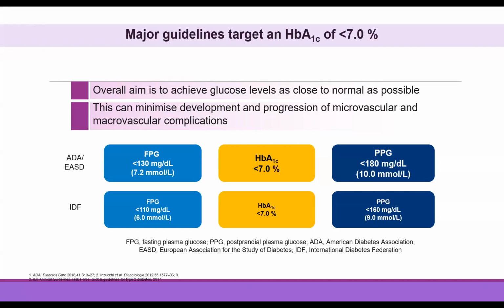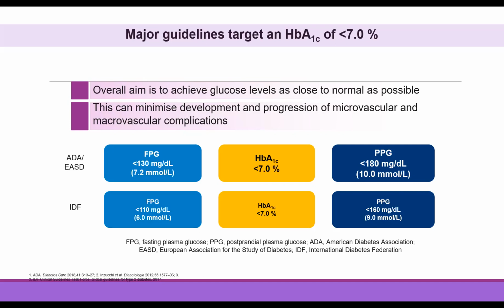So the target of A1c is not a fixed one. The target of A1c depends on the patient profile, but in most situations, our target is roughly around 7 to 7.5%.